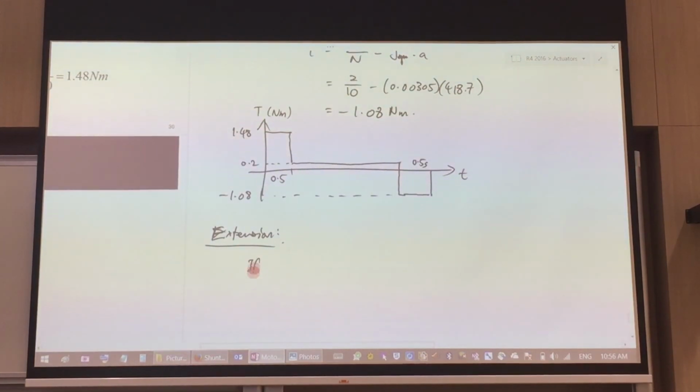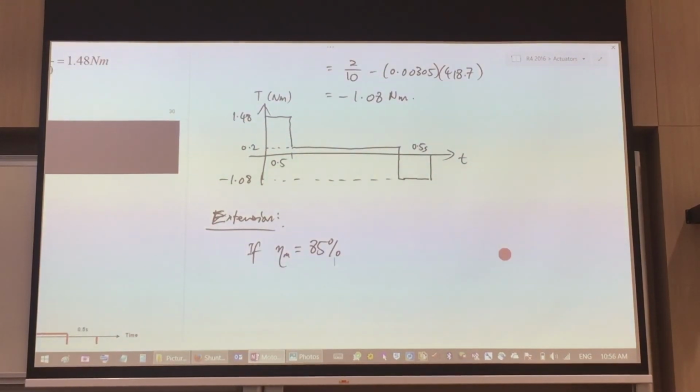So I'll give you the case if the efficiency of the motor is 85%. And I want to find out what is the power of the motor for the acceleration, deceleration, and constant velocity phase.